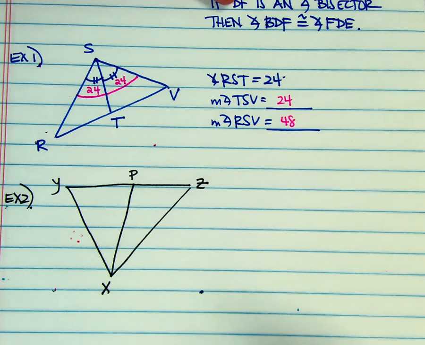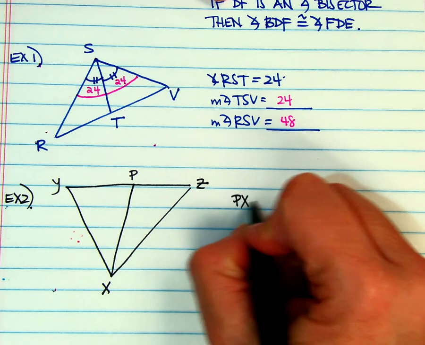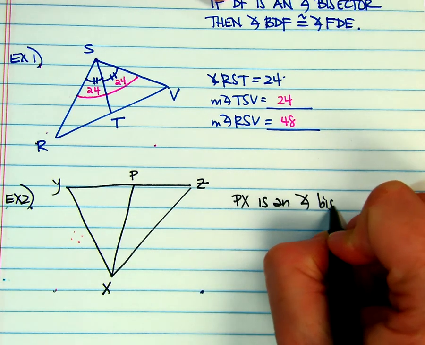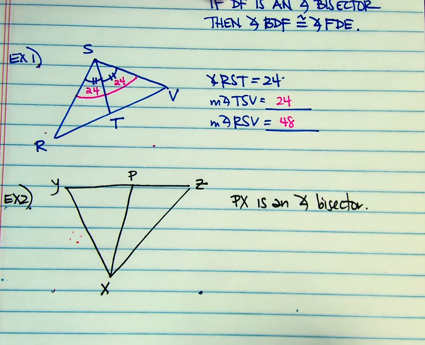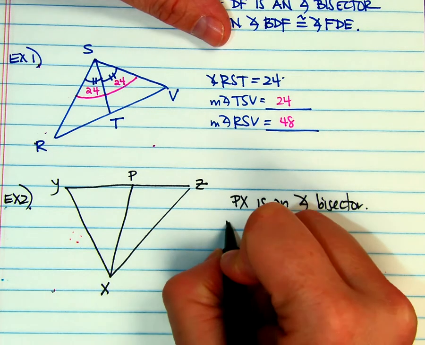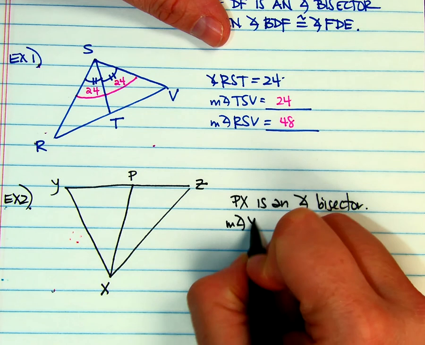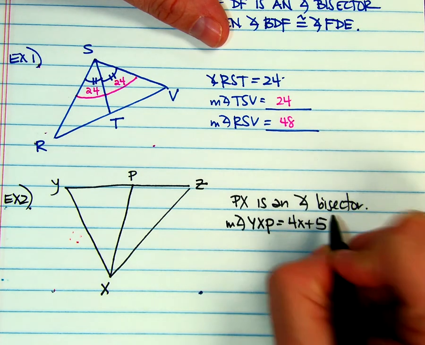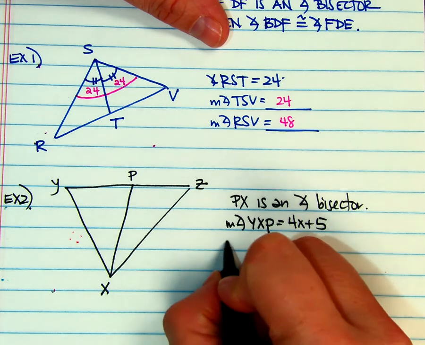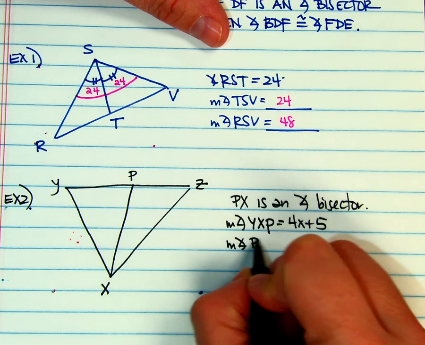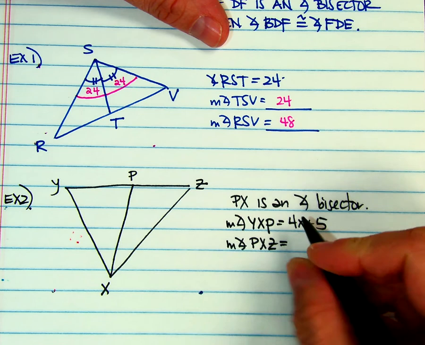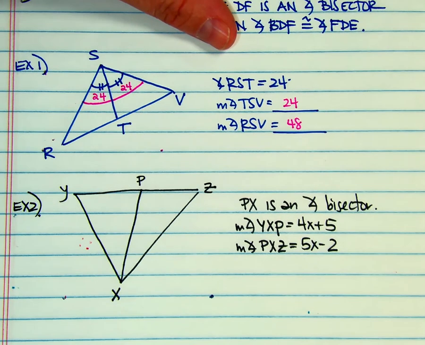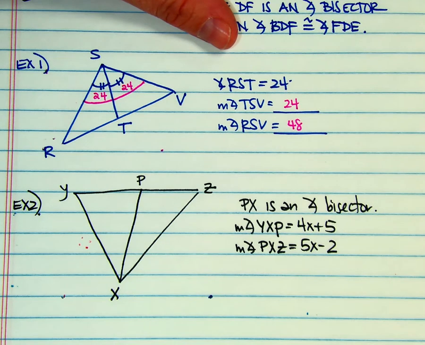Okay, so I'm going to be given the fact that PX is an angle bisector, so that is given. I'm also given that the measure of angle YXP is 4x plus 5, and the measure of angle PXZ is 5x minus 2. I'm going to put that information in my diagram.